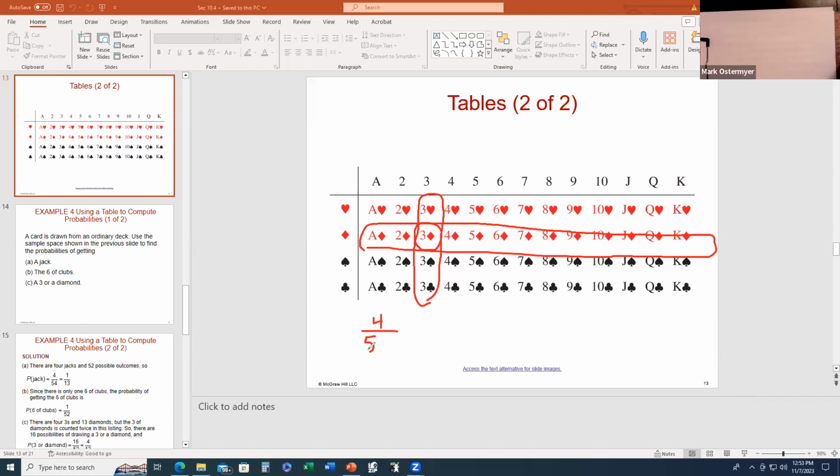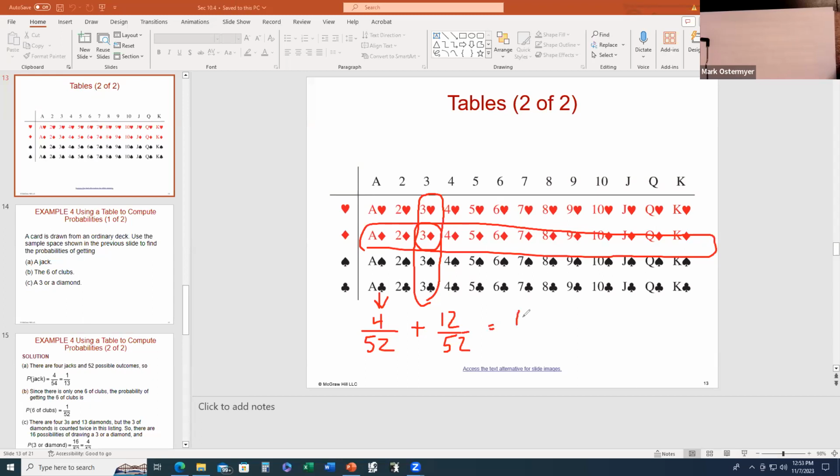Plus, the number of ways of selecting a diamond is not going to be 13 over 52, because we already counted the 3 of diamonds card in computing the probability of drawing a 3. It's 12 over 52, because we already counted the 3 of diamonds. You cannot double count a card.